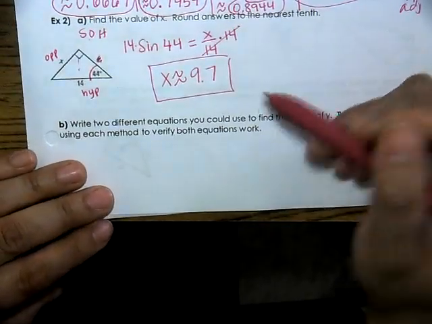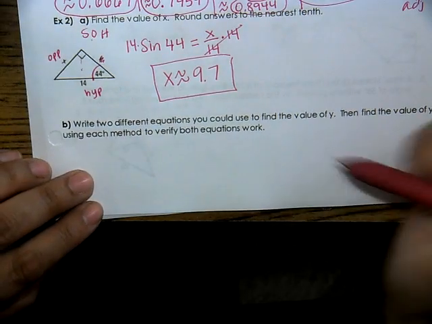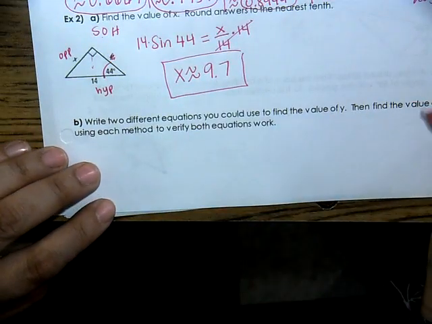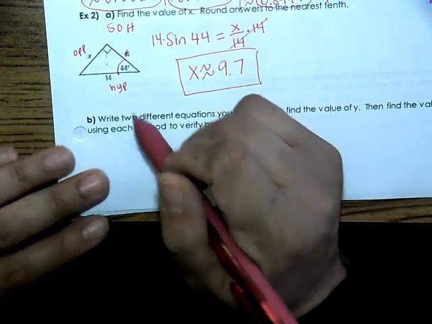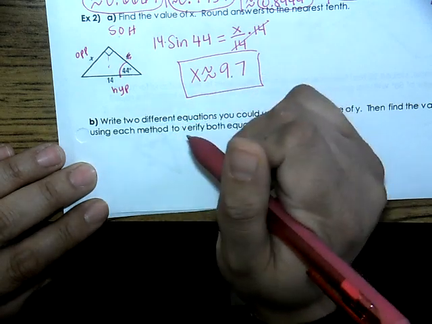The last one, it says write two equations that you could use to find the value of y. So even though we kind of just ignored that for a second, it says what could you do, and then find the value of y using each of those methods. So to start with, because this video is getting a little bit longer, I'm going to just kind of walk through which method.